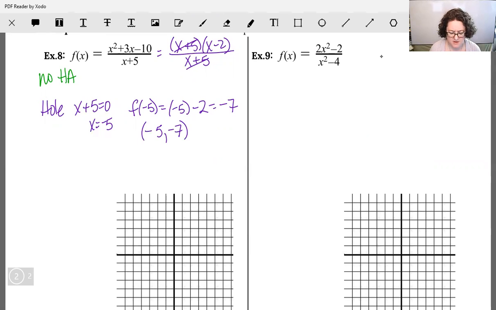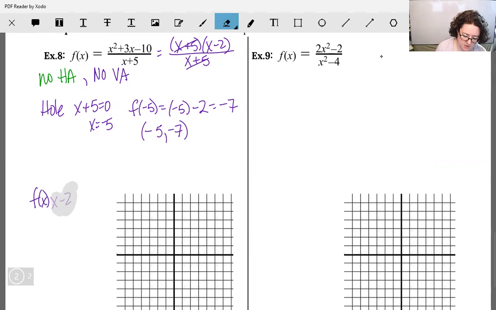Our third thing to look at would be our vertical asymptote, which would be any leftover factors in the denominator, but we don't have any. So we're done with that piece. There's no vertical asymptote either. And in fact, if I look at what's left over, my function, once I've simplified everything out, looks like x minus 2. Excuse me, let me put the equals in there.